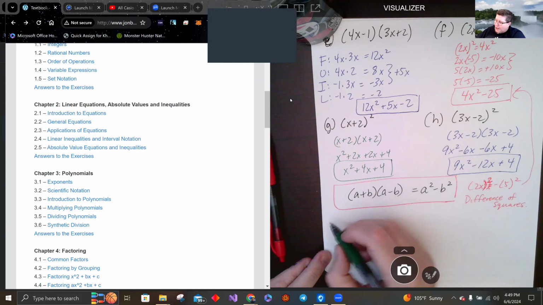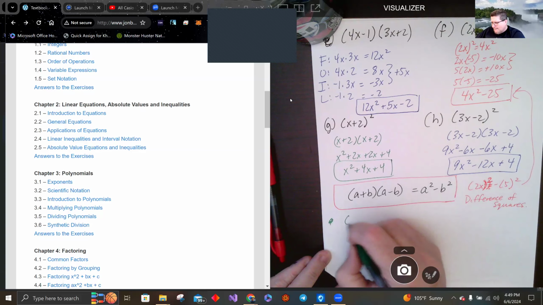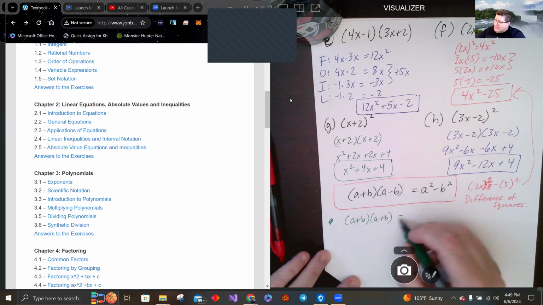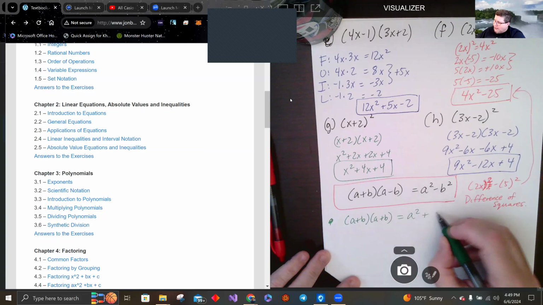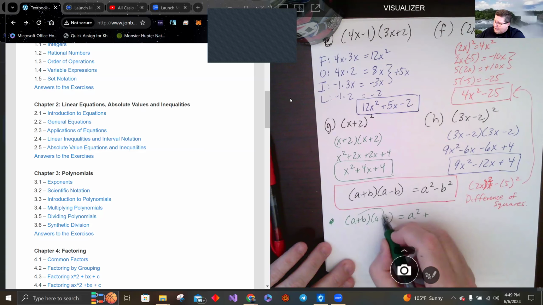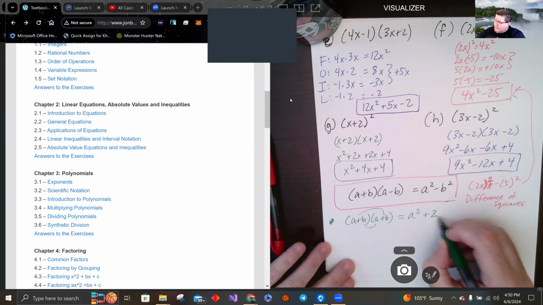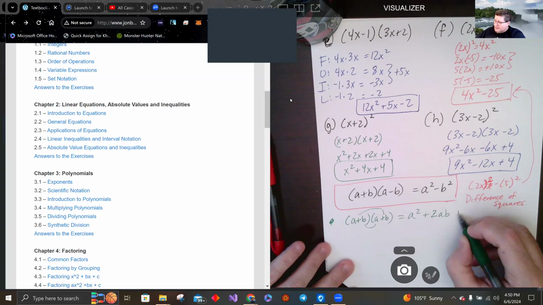G and H both follow a pattern. I don't know that it's worth memorizing because you can just multiply it out and you're going to see you get a squared. You're going to get an AB here and an AB here. So 2AB plus B squared.